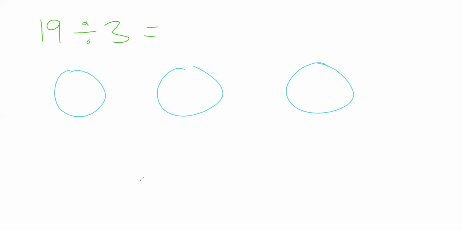So I start putting them out: 1, 2, 3, 4, 5, 6, 7, 8, 9. I'm not at 19 yet, but notice I have the same amount in each, 3 in each. Let's continue: 10, 11, 12, 13, 14, 15, 16, 17, 18.